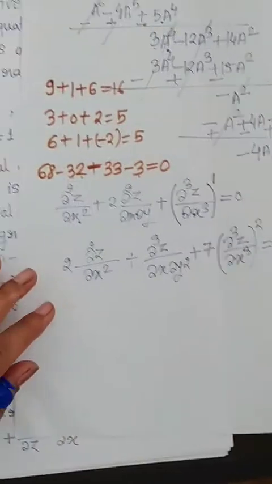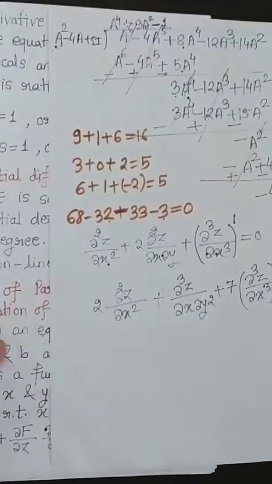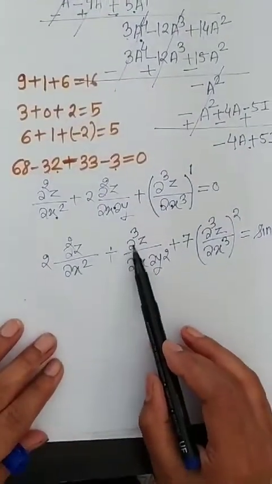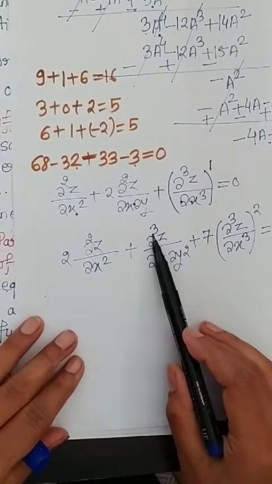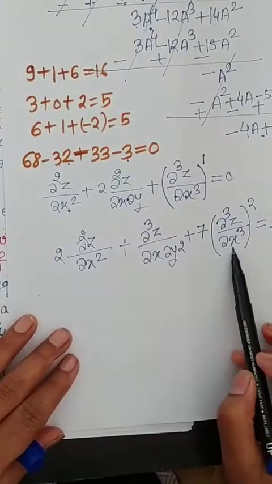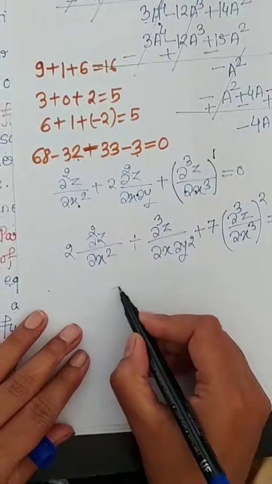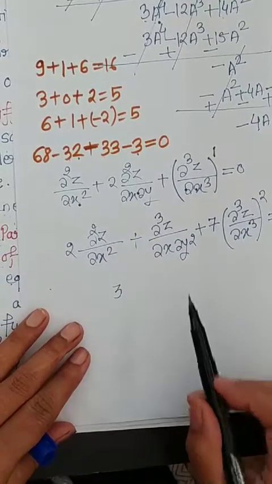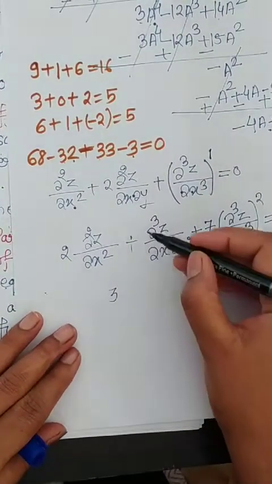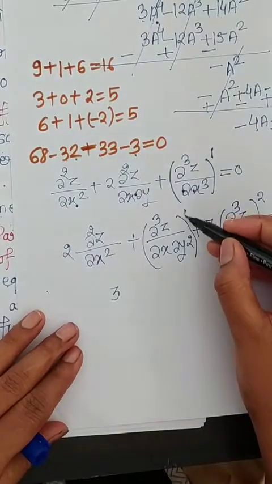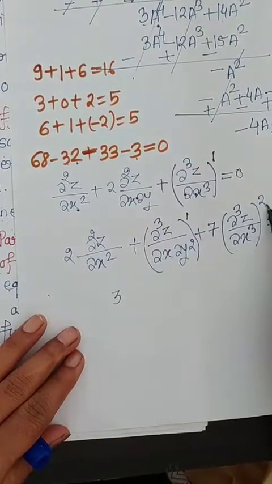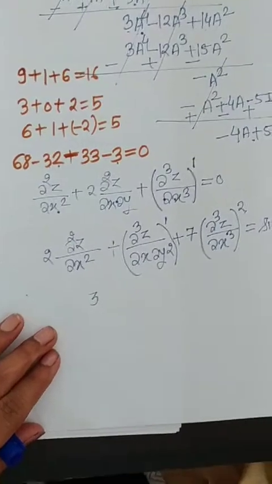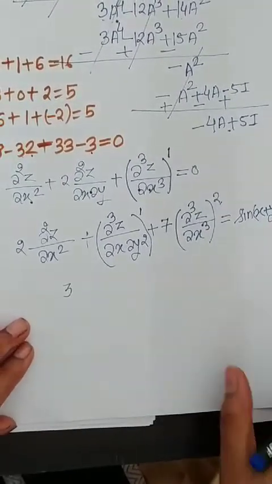Here, what is the order of the differential equation? The highest order derivative terms are these, power 3, here also power 3. So the order is 3. But you have to see the exponent. What is the exponent of this derivative term? 1. Whereas the exponent of this is 2. So the degree must be 2.